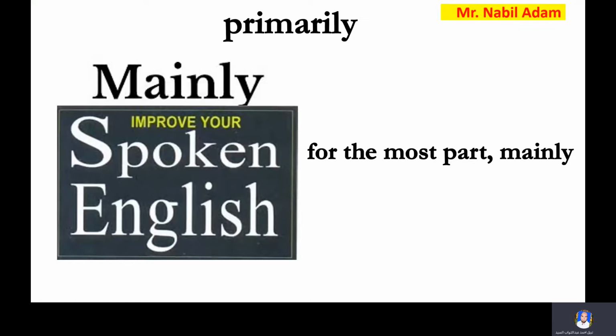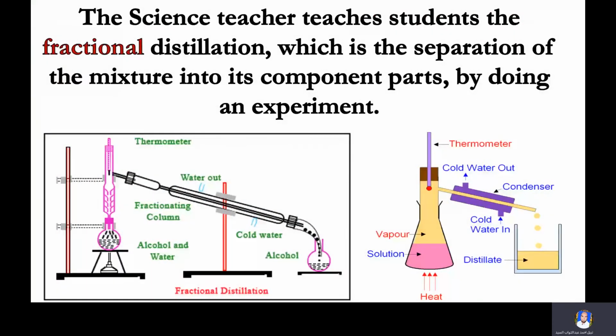So primarily, mainly. The science teacher teaches students the fractional distillation, which is the separation of the mixture into its component parts by doing an experiment. These pictures here show the fractional distillation process. By heating the liquid or the material to make other parts, like crude oil.